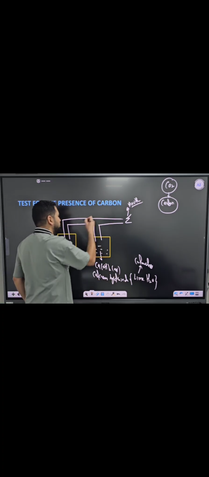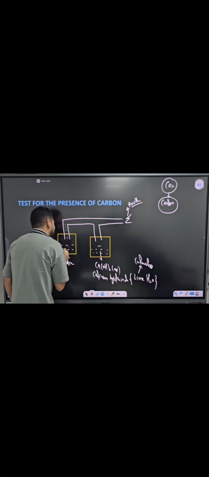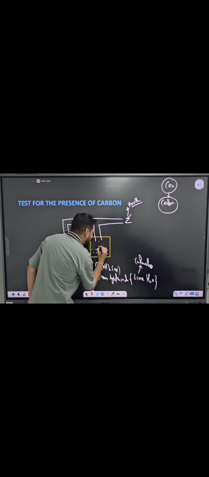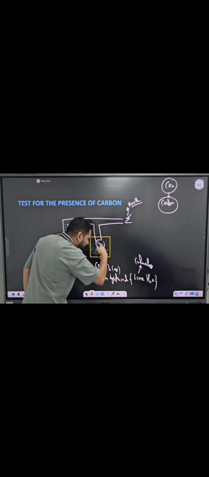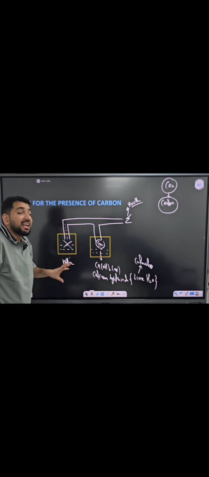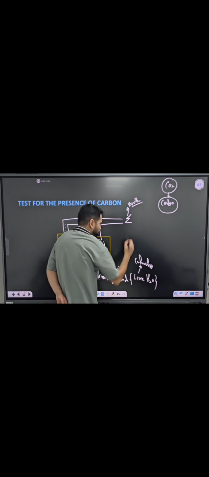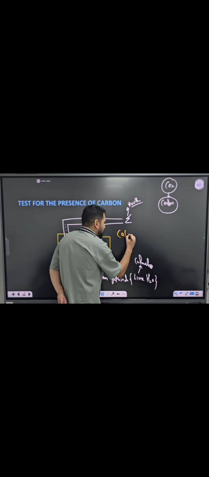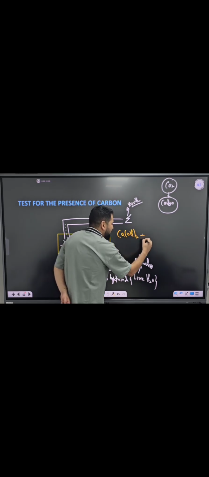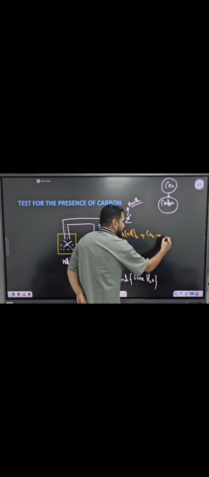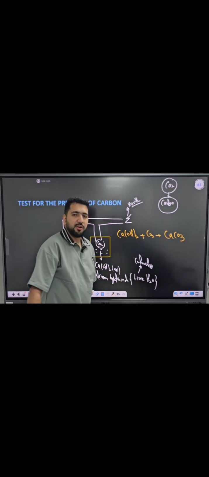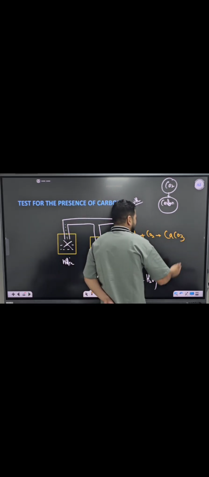Now when you pass CO2, when the CO2 reaches here, nothing will happen. But as soon as the CO2 reaches here, a reaction will happen. Sir, which reaction? This Ca(OH)2 will react with CO2 and lead to the formation of CaCO3 plus H2O.